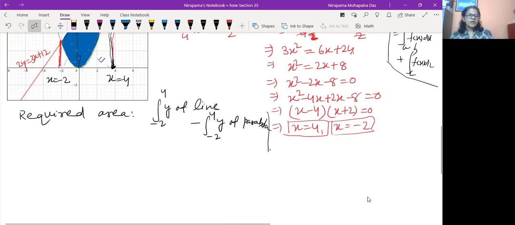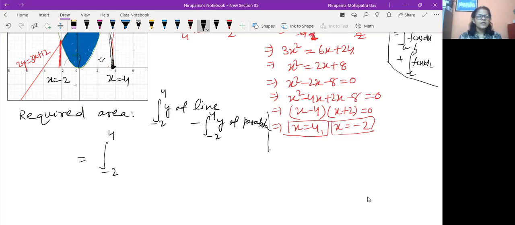Now the required area, as your integration is very simple, is the integral from minus 2 to 4 of y of line. Y of line is (3x plus 12) divided by 2, so that means half of this, dx, minus the integral from minus 2 to 4 of y of parabola. What is the parabola here?